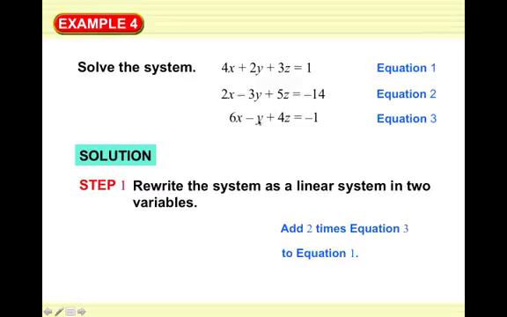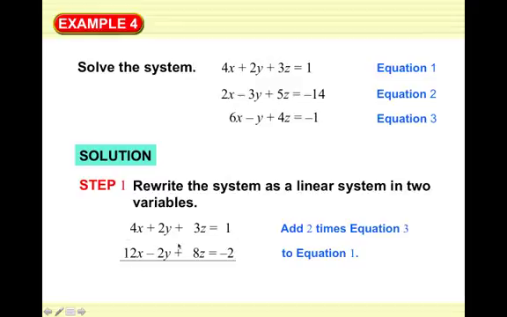It's very easy then to transform this equation to opposites of the other equations as far as y is concerned. So I did 2 times equation 3, that's down here. And here's plain old equation 1. So 2 times equation 3 is going to be 6 times 2 is 12x minus 2 times y plus 2 times 4z, so 8z, equals negative 1 times 2, so negative 2.